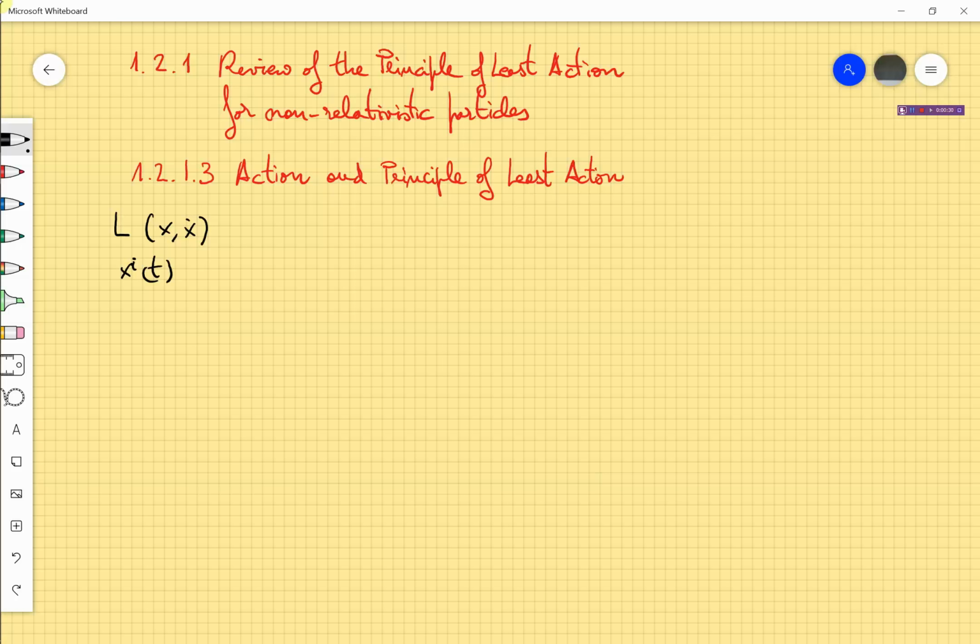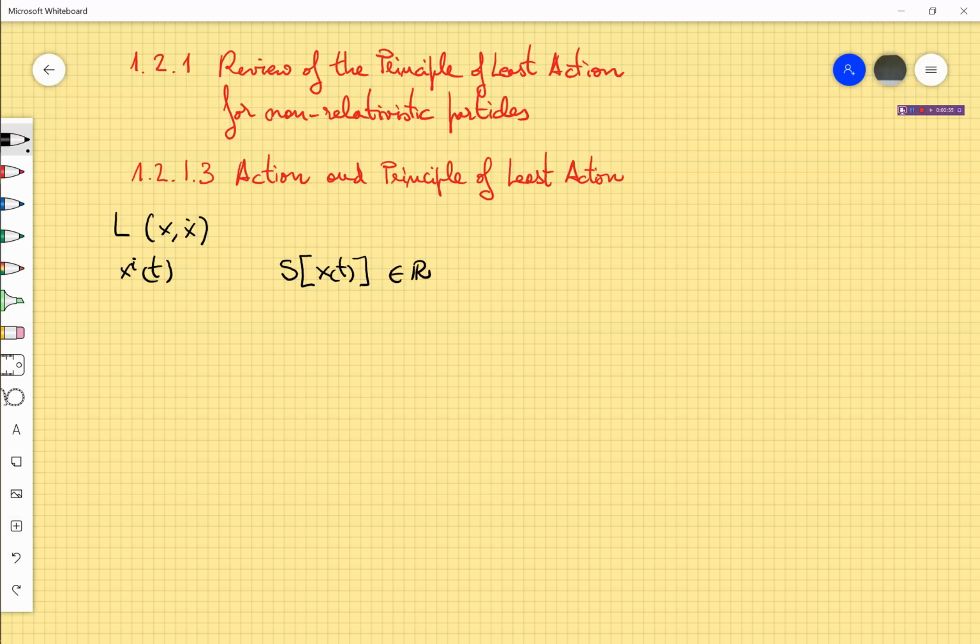So it is a functional, traditionally denoted by S, such that when I plug in some trajectory, whether it is one that satisfies the equations of motion or not, does not really matter, it gives me some real number. Okay.